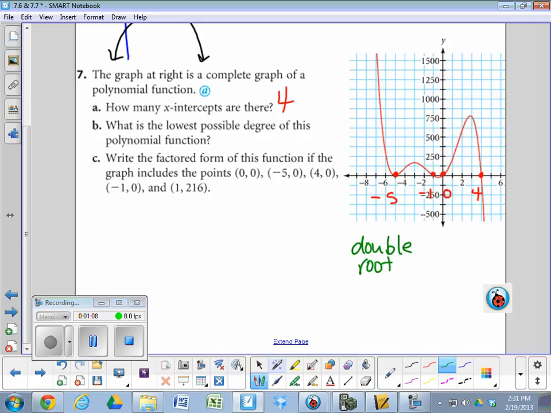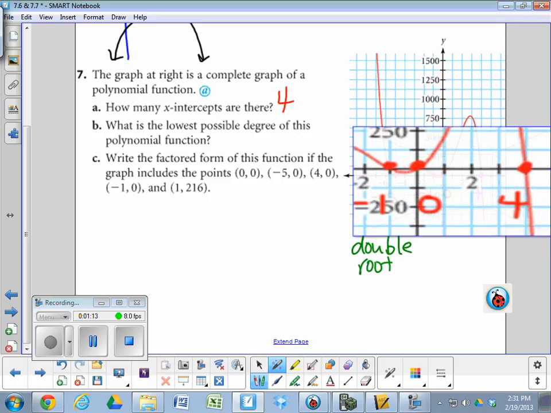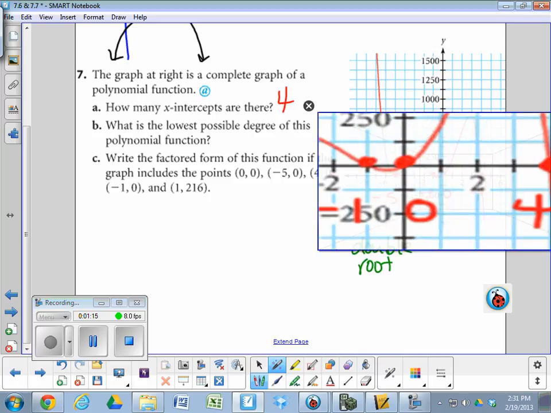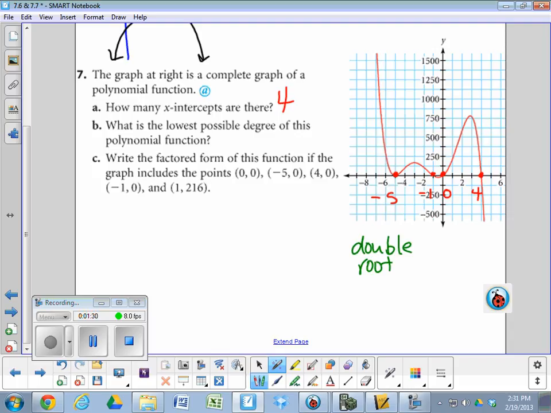The other 3 at -2, 0, and +4, it looks like they're just single roots, the way that it's slicing through. So if this graph was shifted up a little bit and it went like this right there, it would be another double root there, and there would only be 3 x-intercepts.